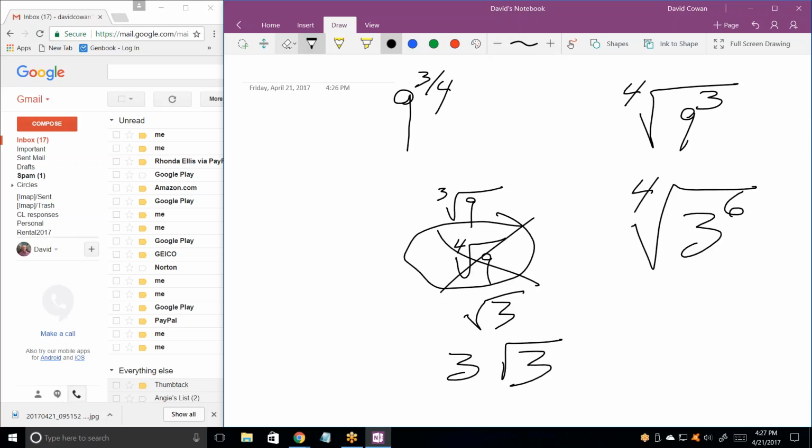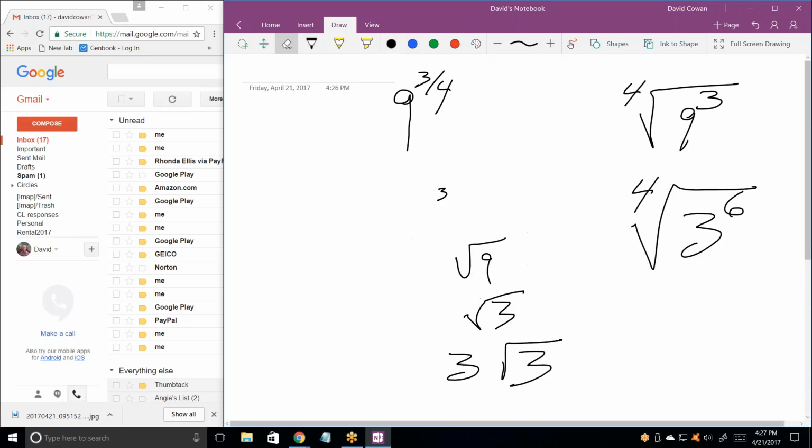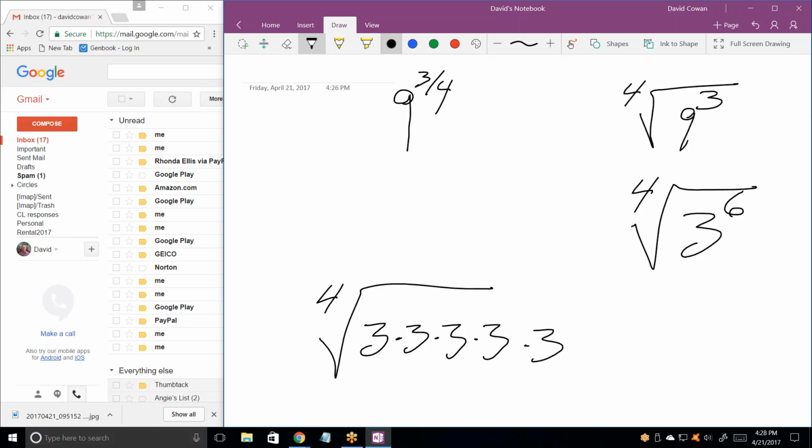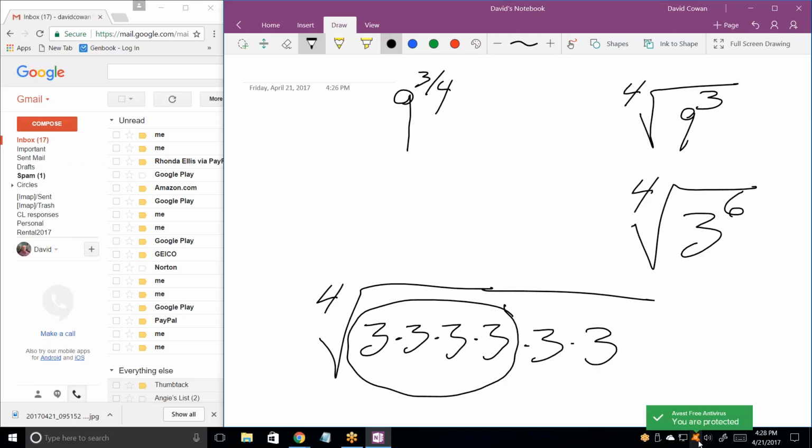Notice I can pull a 3 out of that. In other words, here's what that is: the 4th root of 3 times 3 times 3 times 3 times 3 times 3. Well, those 4 3's, the 4th root of that is 3.